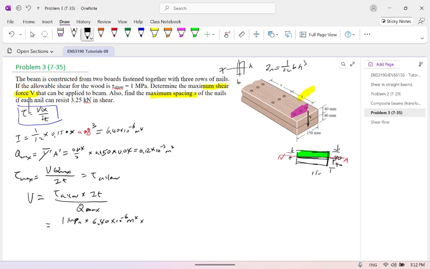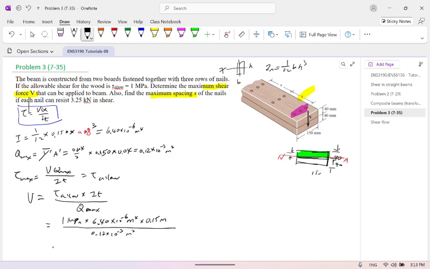How much is t here? Because it's the whole board width, that means 0.15 meter, over Q max, which we just worked out, 0.12 times 10 to the negative 3 cubic meter.